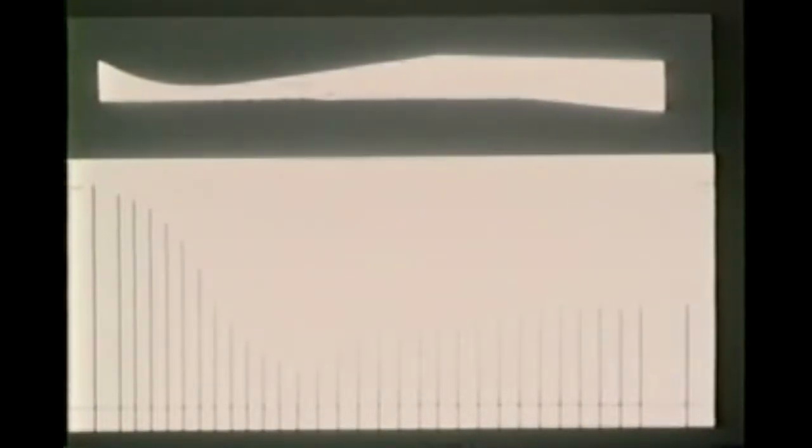When the channel is choked, and we change the downstream pressure with our control valve, we move the shock wave, but there is no other influence on the upstream flow. Because the area, pressure, velocity, and density are all fixed at the throat, so is the mass flow.